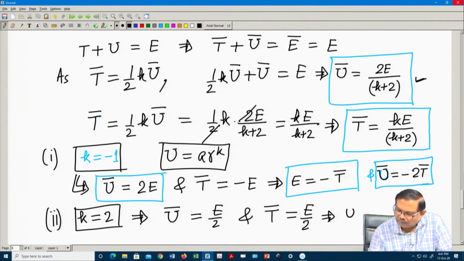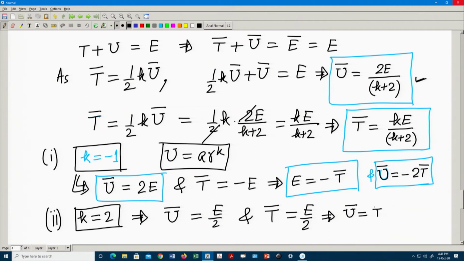So the time average value of kinetic energy is equal to the time average value of potential energy, and each is equal to half the total energy. That is an important result which comes in harmonic oscillation.